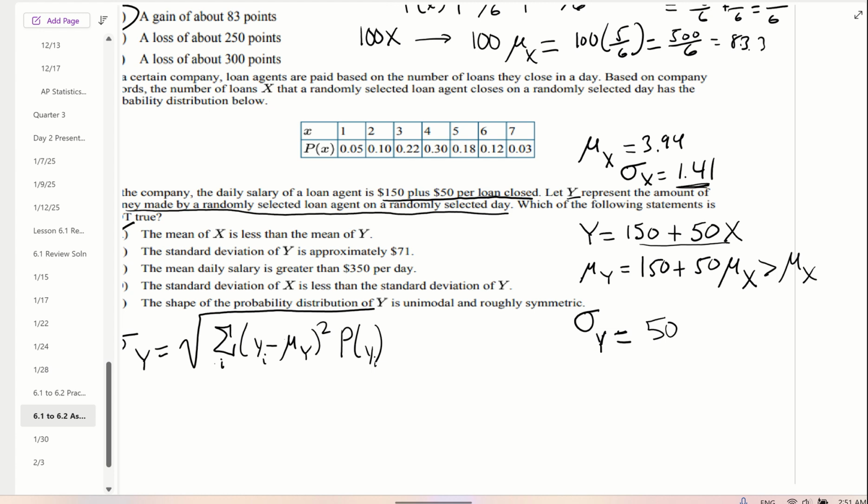Remember that addition does not affect the standard deviation, so the 150 doesn't affect anything. The 50 times, however, does. So we do 50 times sigma x, so it's 50 times 1.41.